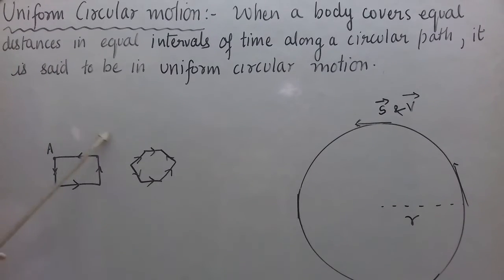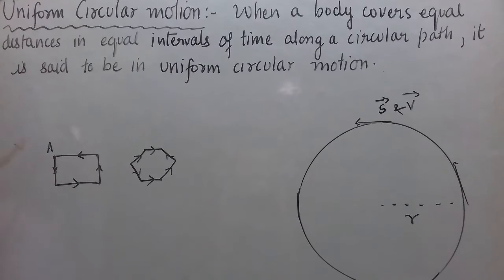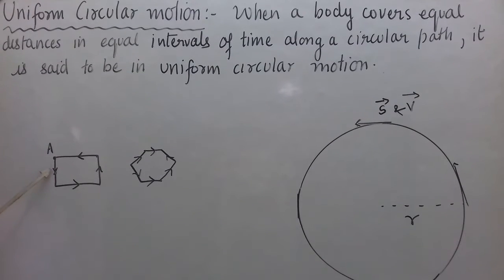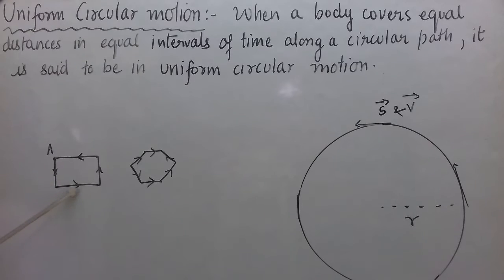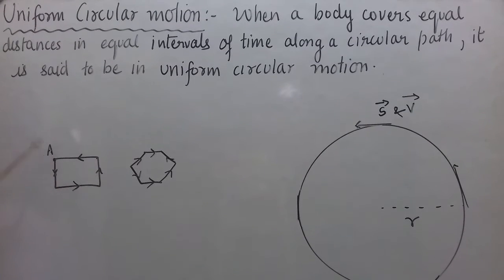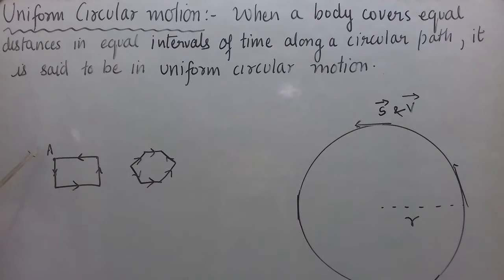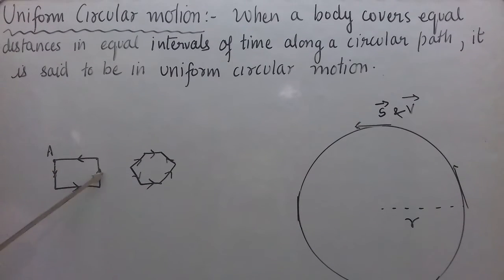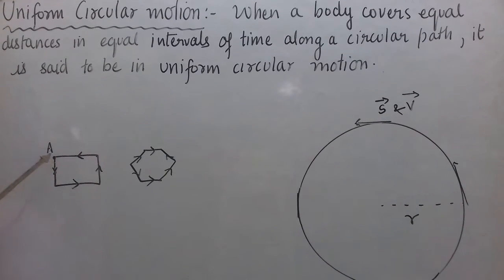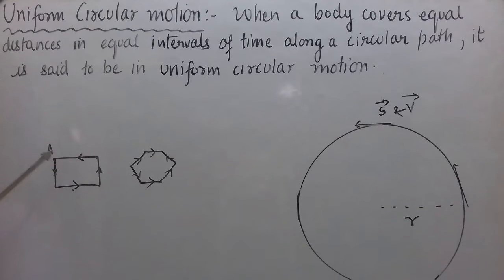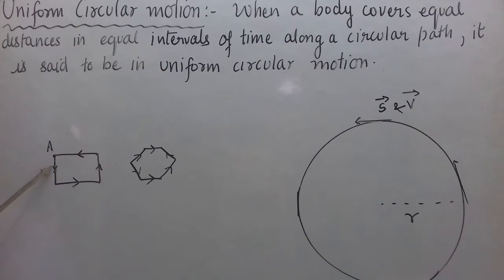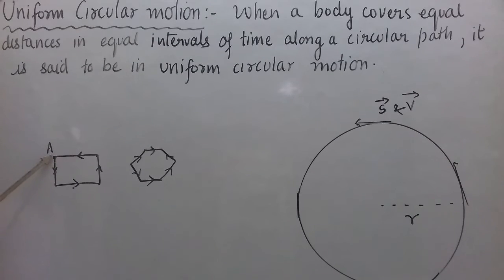Now students, for example, if I consider this to be a closed path, it means you start from A and you move along this direction, then this, and then this. So in this case, you are changing direction 4 times and then you finally reach A. Suppose you change the direction more number of times, it means instead of this quadrilateral, you take a pentagon, and then you can proceed with hexagon, heptagon, and so on.